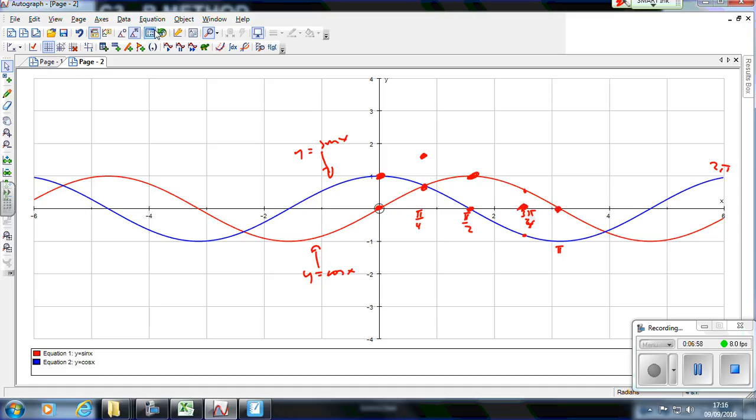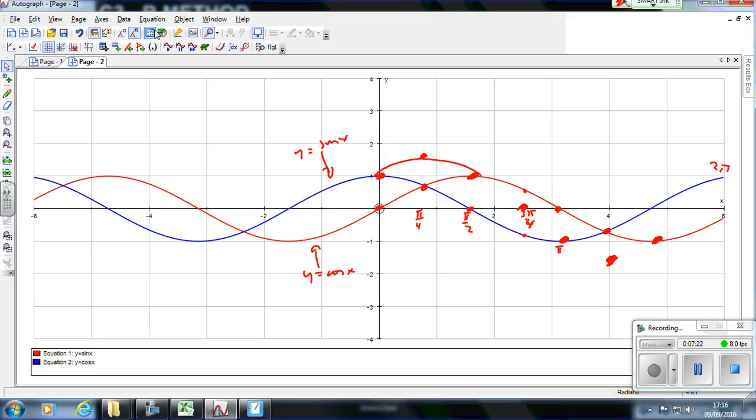Here we got 0 minus 1, so that's minus 1. Here we got minus 1 over root 2 minus 1 over root 2, so that's minus 1.4 something. Keep going, 0 plus 1, 0 minus 1 is going to be minus 1. And we can keep going along.